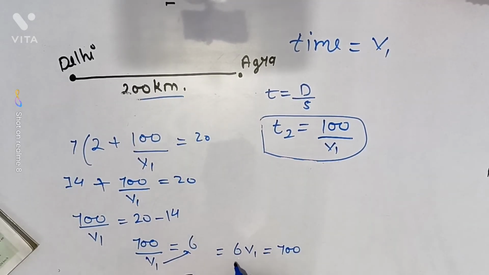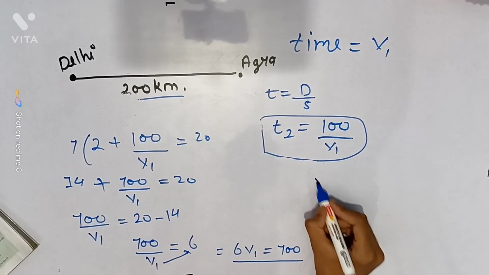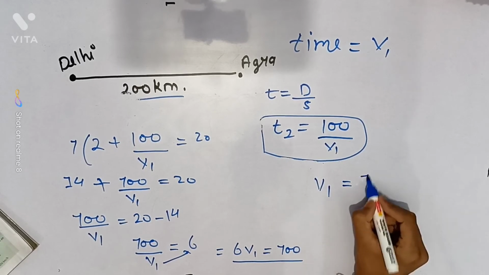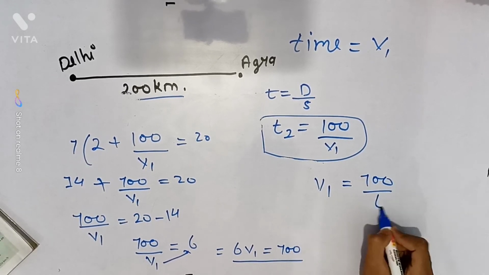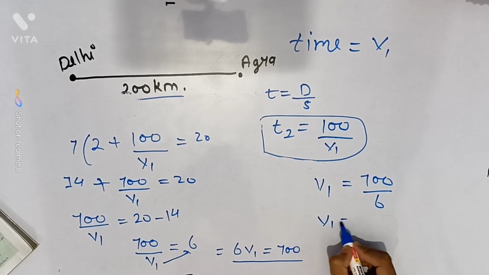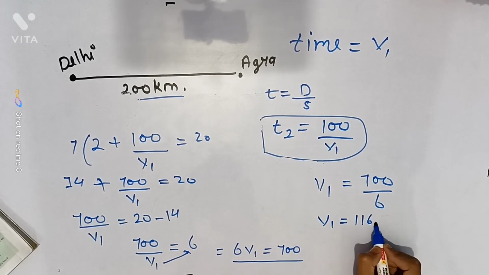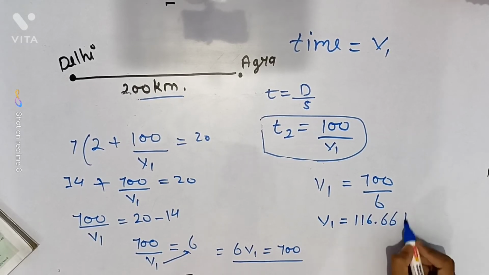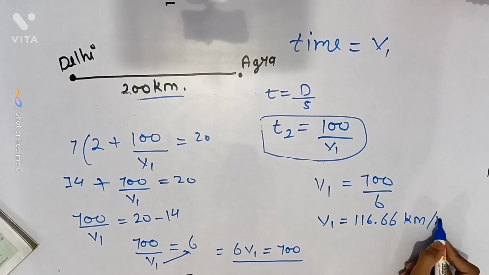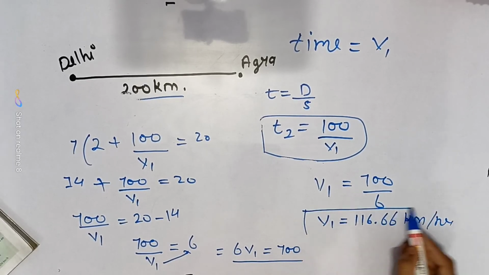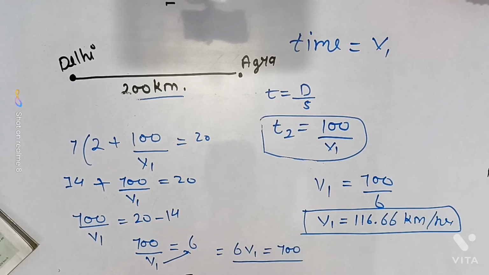So we get 6 V1 equals 700, so V1 is equal to 700 upon 6. When we divide it, we will get 116.66 km per hour. Means the speed for the second journey will be 116.66 km per hour. So this is our answer of the 39th numerical.